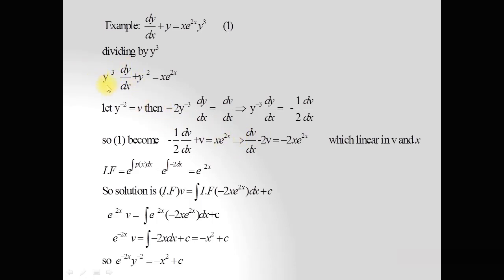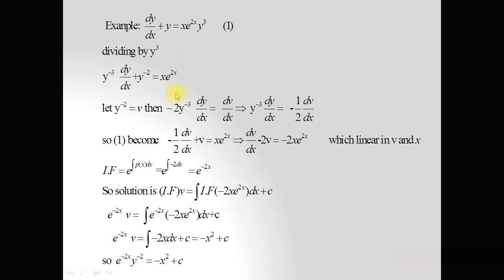In the given differential equation the dependent variable is y, but when we use the substitution, for example y^(-2) = v, or y^(-2) = z, then in the new differential equation the dependent variable will be z. Since in this example we have y^(-2) = v, v will be the new dependent variable in the new linear differential equation.